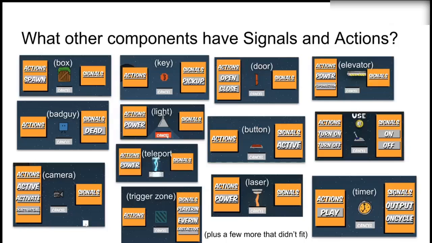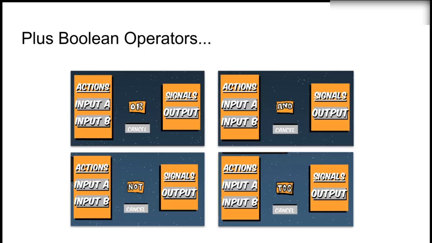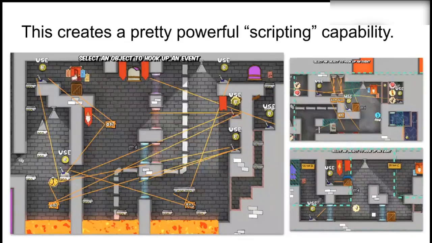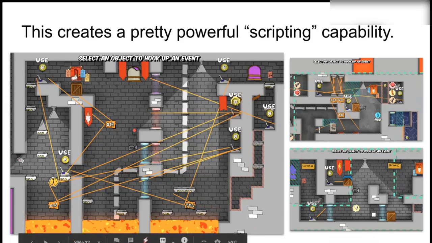There are lots of things that can be scripted. Here are a bunch of the buttons and components in the game. You can see they each have lots of actions and signals. And then there are Boolean operators that you can use, and you can stitch these together to make some pretty cool in-editor interactions. I'm not actually going to explain what each of these screenshots looks like in game, but I assure you that interesting things happen if your character goes through these areas.